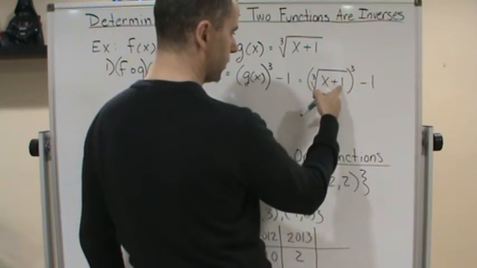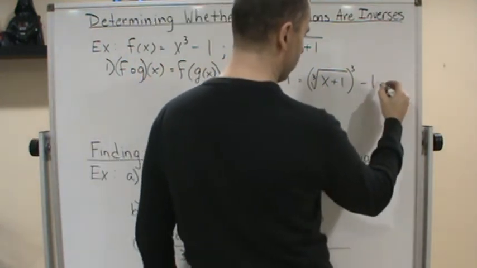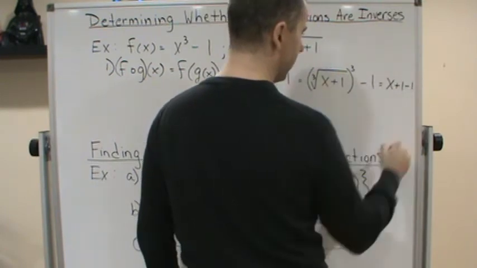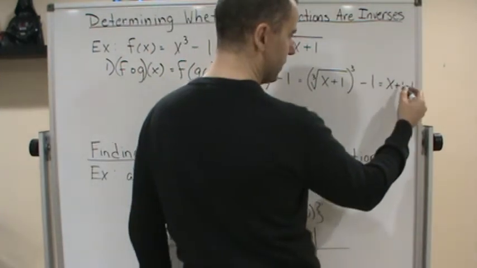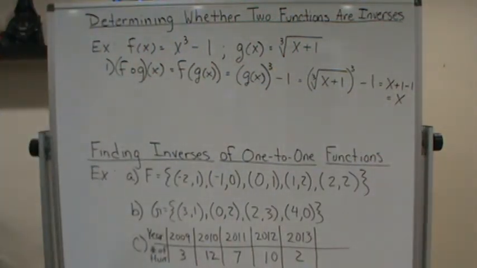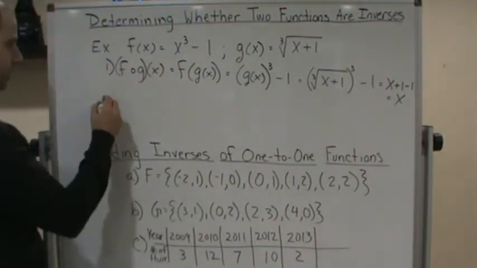I'm going to get x plus 1, and then x plus 1 minus 1. Then, of course, these are going to cancel out, and I'm going to get x. Okay, so far so good. So it worked this way. I got x out. Now I have to do it the other way.